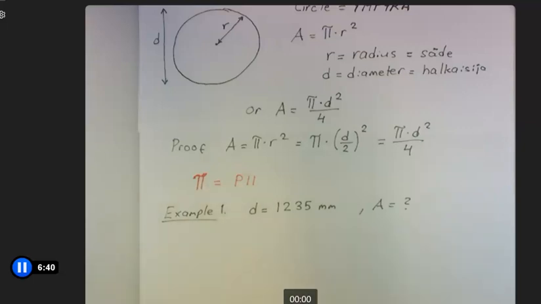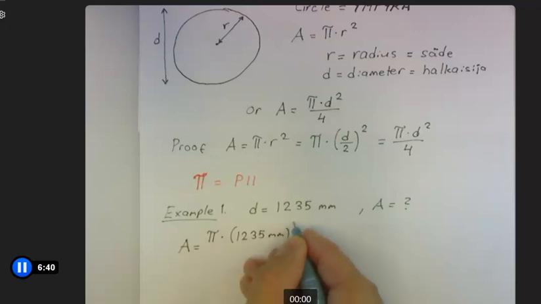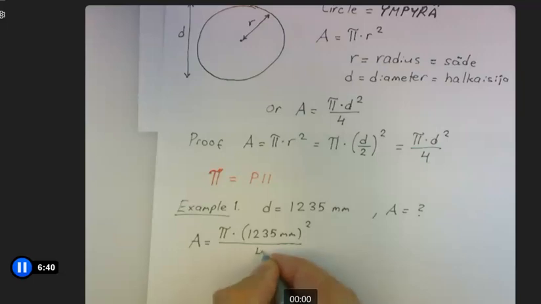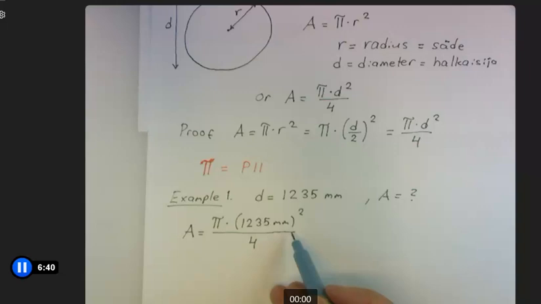So we will use the last form of the formula we had, because now we know this diameter. So we will get pi times 5 millimeters squared divided by 4. These brackets are necessary there because this exponent or power is for both the number and the unit.